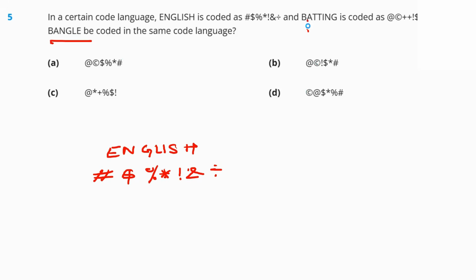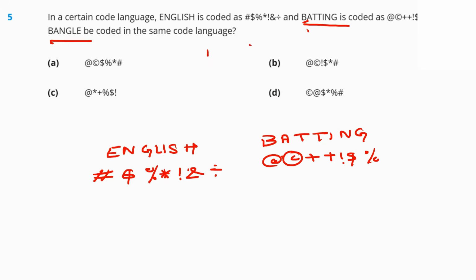Next, we will take the word batting. Batting is written as at the rate of, copyright symbol, plus, exclamation, dollar, and percentage. Now we need bangle. The first one is B, which should be written as at the rate of.